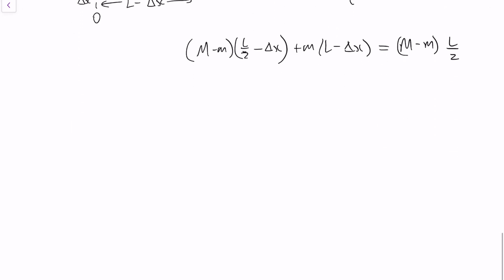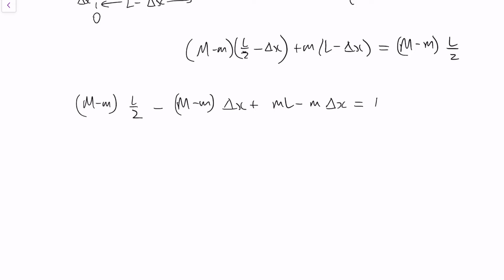So if we start cancelling now, what are we going to have? Well, we will have (M minus m) L over 2 minus (M minus m) delta x plus mL minus little m delta x is equal to (M minus m) L over 2.